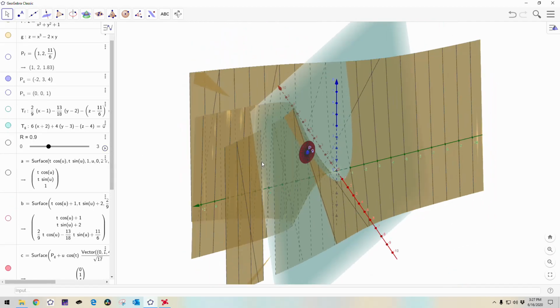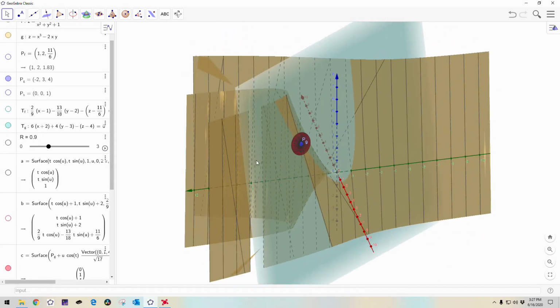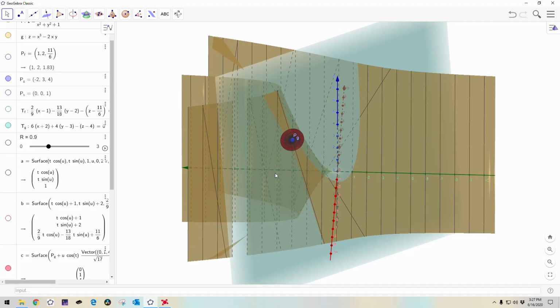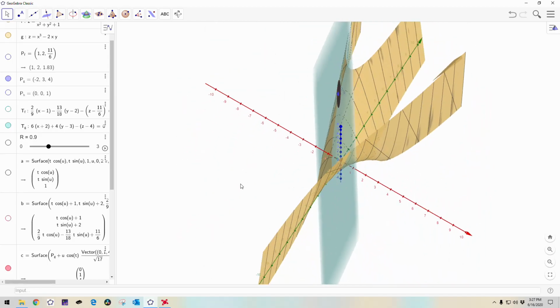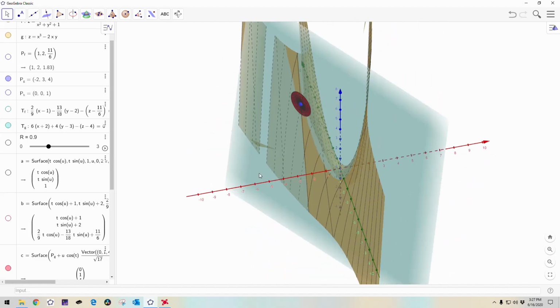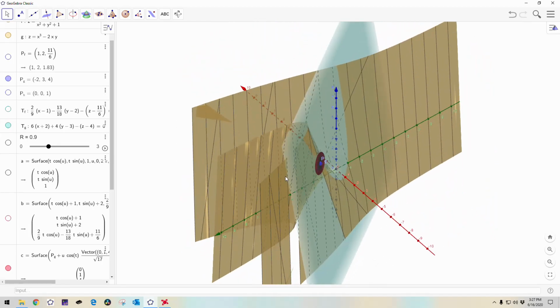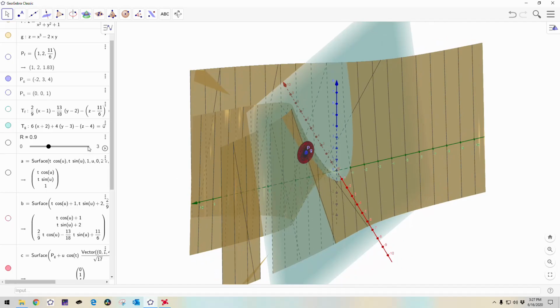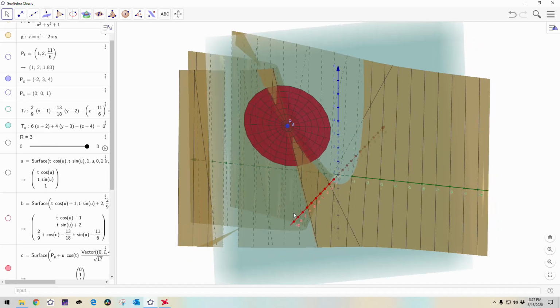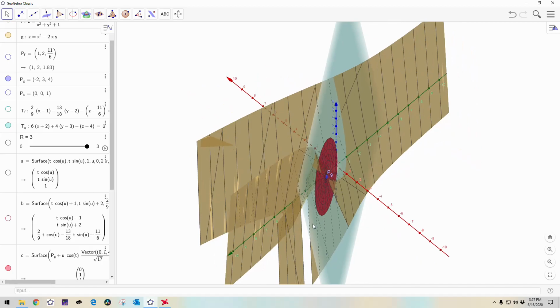And you can see what I've done is I've made an ellipse cutout that's centered at the point in question, but it's still in the tangent plane. If I increase the radial size, you can see it's still in the tangent plane there.